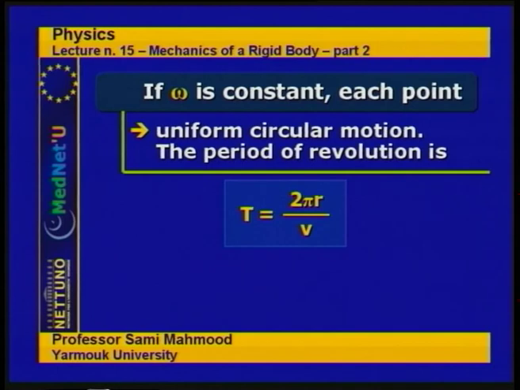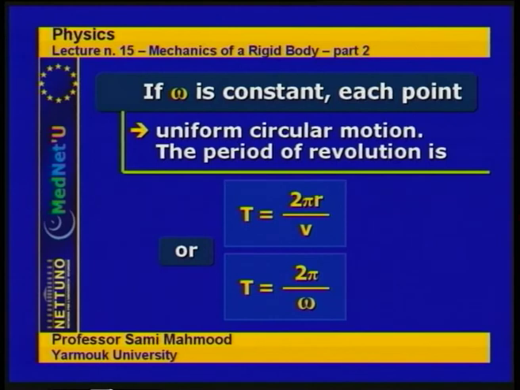So the period of rotation is 2 pi r divided by v. Now this period is given in terms of linear variables, simply the linear distance divided by the linear speed. And v here is the tangential speed. This is the only speed that's available because the particle does not change its distance from the axis of rotation.